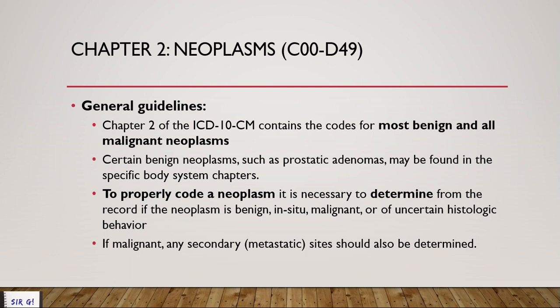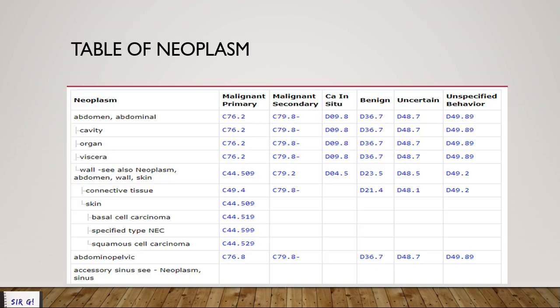I'll show you the table of neoplasms that I have here. So when the physician documents a benign neoplasm or a malignant neoplasm, it is very important to look at the table of neoplasms.